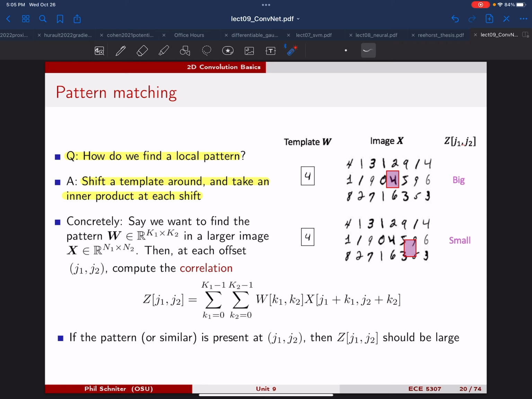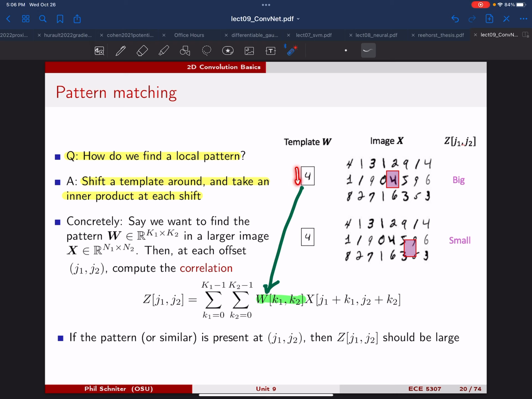Okay, so let's write this as an equation, because this equation is important; we're going to see more complicated versions of it, so we at least need to understand this one. We're going to call the template this. So this is our template, a little matrix, and we're going to use K to index over the vertical and horizontal coordinates of that matrix.